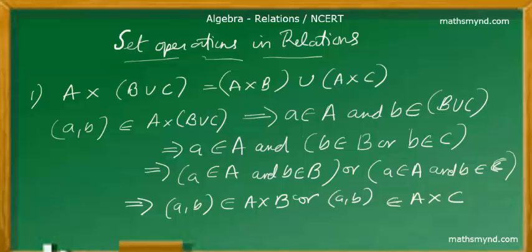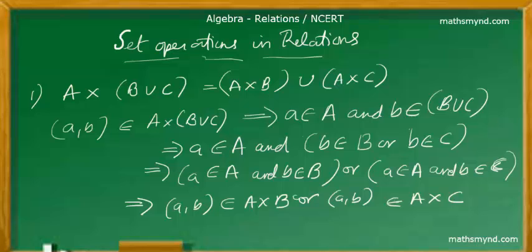An important point before we go into this topic is that when we did operations in set theory, we usually took a single element, that's a or b or x or y, and did the proof.